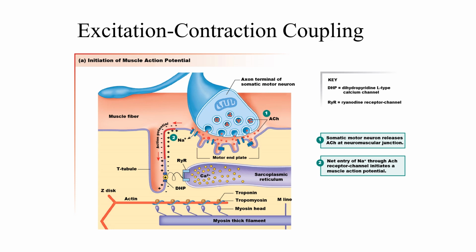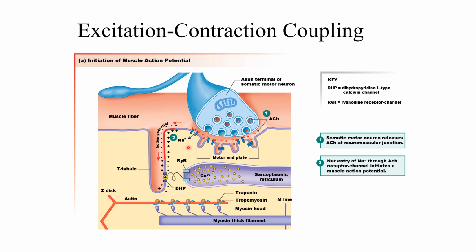Once acetylcholine is in the synaptic cleft, you notice that on the surface of the sarcolemma there are acetylcholine receptors. Acetylcholine binds to these receptors. Once it binds, sodium ions are going to start flooding into your muscle fiber, or your muscle cell.